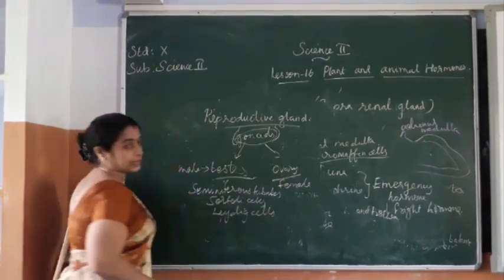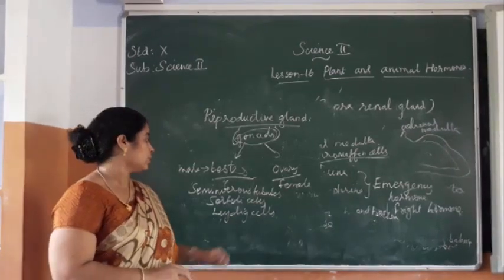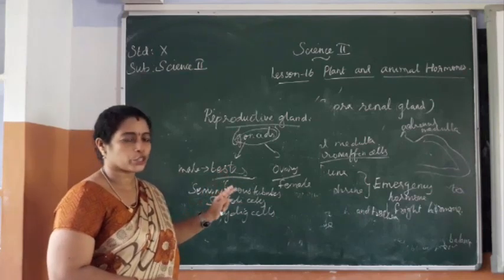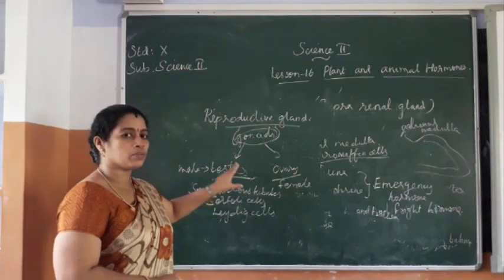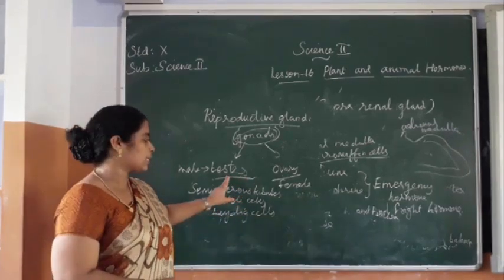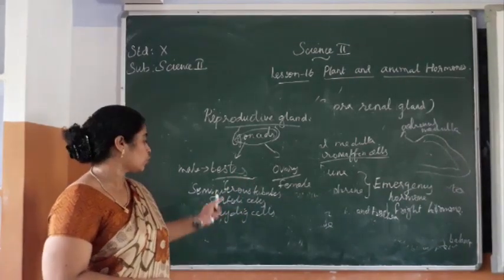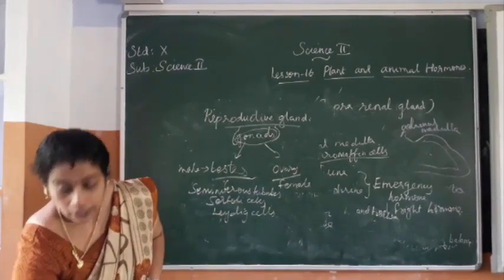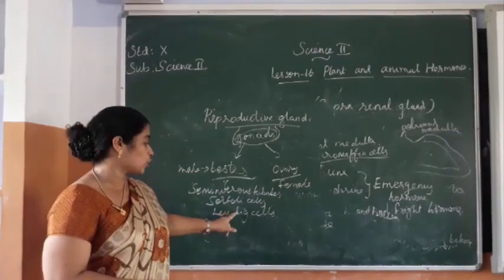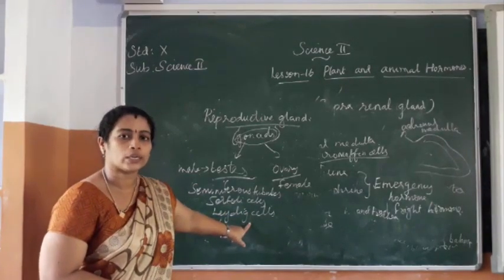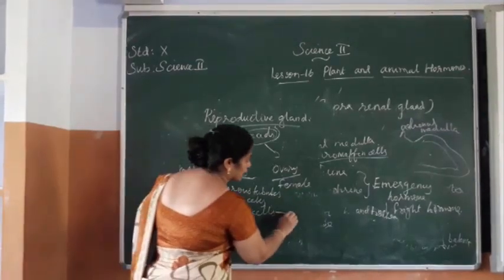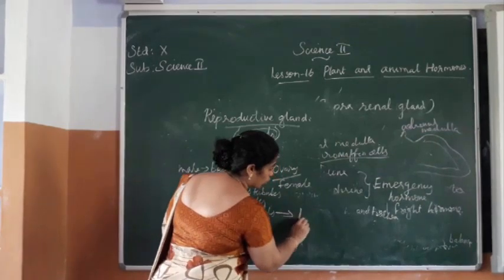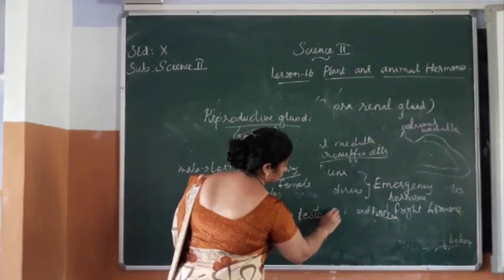Leydig cells are involved in the formation of reproductive hormones. So the male part is known as the testis. It helps in the formation of sperm. The Leydig cells are responsible for the production of the male hormone known as testosterone.